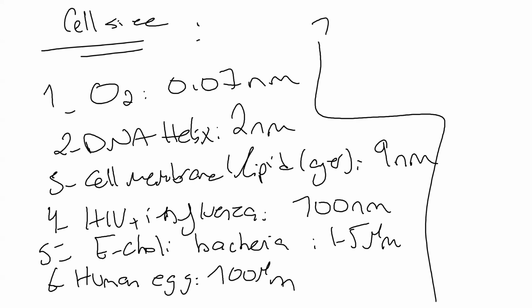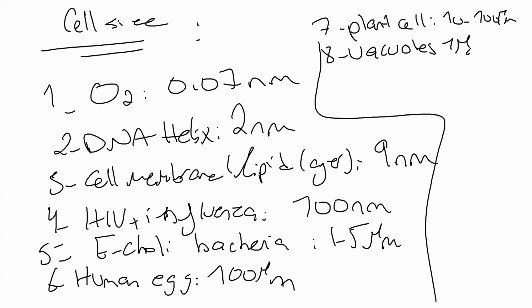Plant cell is 10 to 100 micrometers. Vacuoles is 1 micrometer. What else? Animal cell is 5 to 30 micrometers.